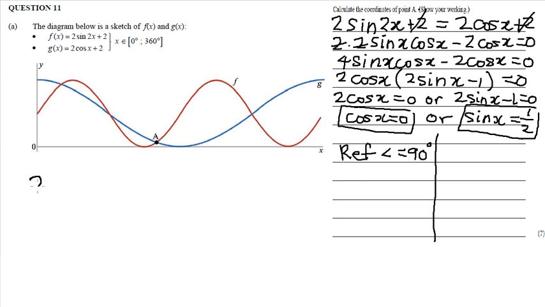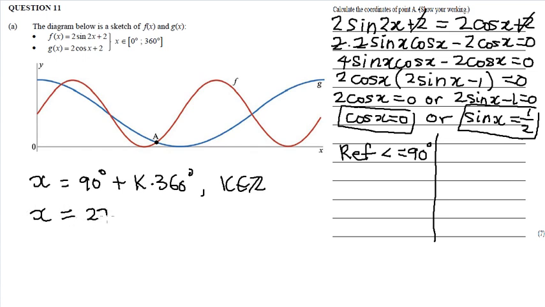So my first solution will be x is equal to 90 degrees plus k times 360 degrees, where k is an element of Z, integer. And then in the fourth quadrant, we're going to say 360 minus 90, that's going to be 270, plus k times 360, k is an element of integer.